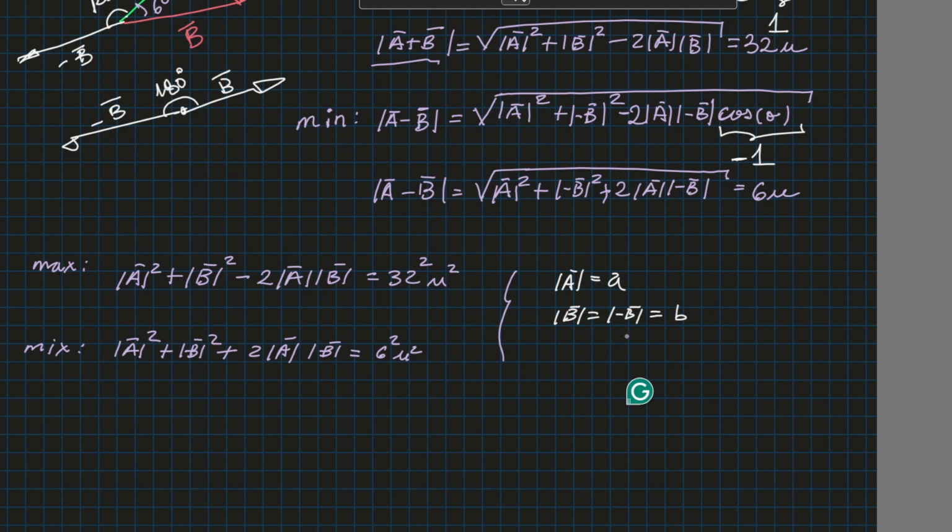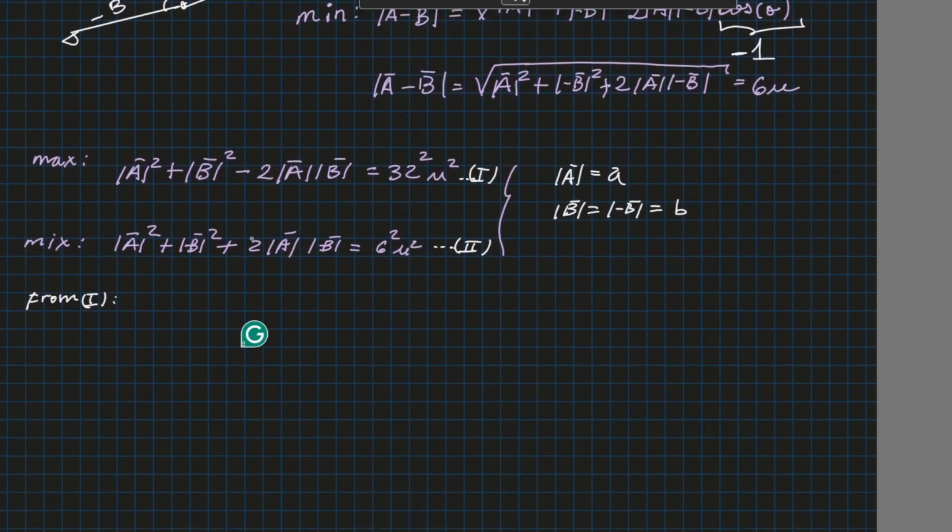Okay, so let's replace it. Let's call this equation 1 and here equation 2. So from equation 1 we have, let's use another color to pass to the other stage of this problem. So let's replace the values.